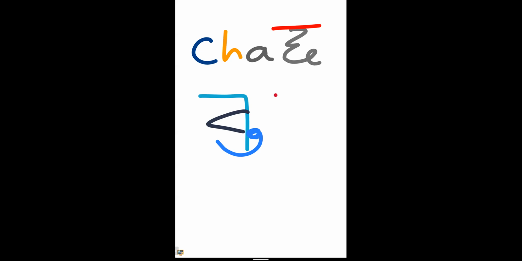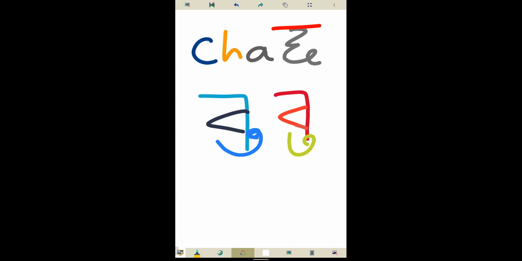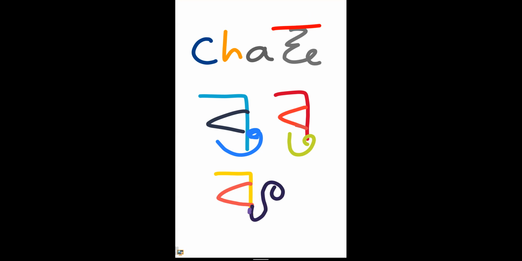The first one will be cha. Look at here in the bottom. And the second one, this is cha. Means you are taking from the vertical line and it will curve to the right side and then come down, making a circle.